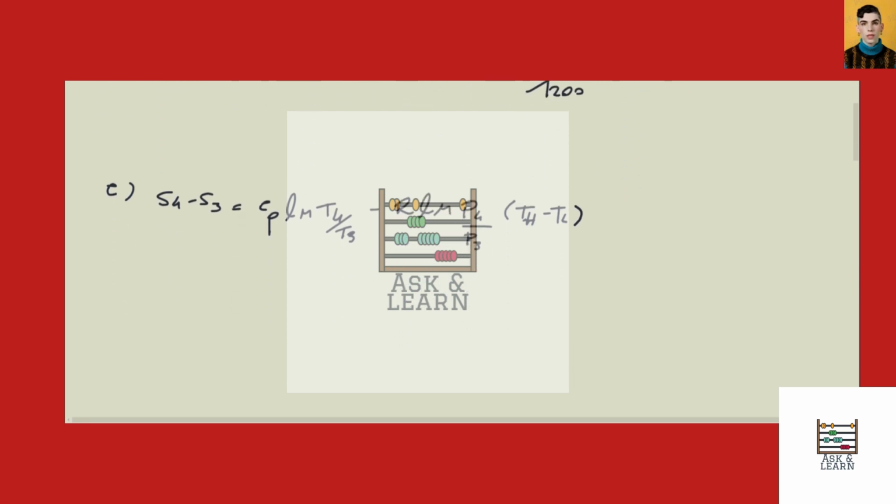Okay, therefore this is going to be equal the mass, the mass, as we know, is just the net work divided by R natural log of P4 over P3 that multiplies TH minus TL.